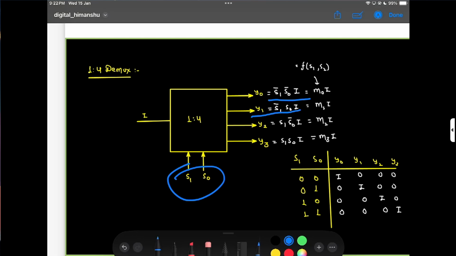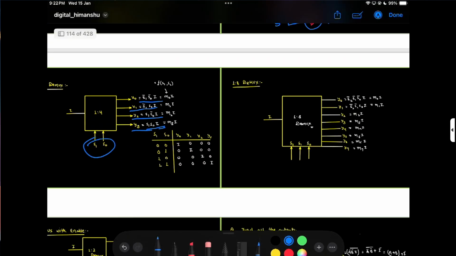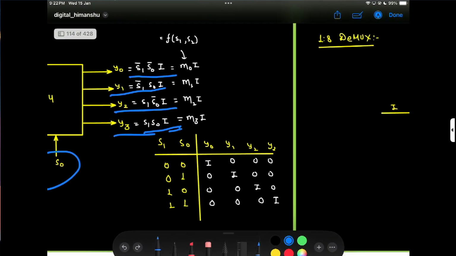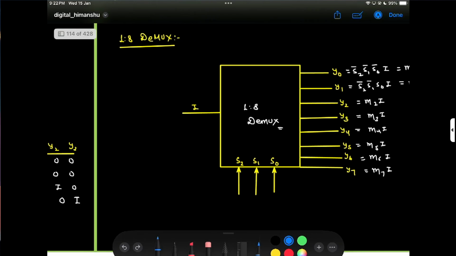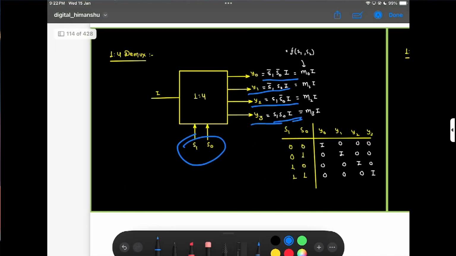Similarly here are Y1, Y2, and Y3. That's the way we get the output. Now here is a 1 to 8 demux. It has 3 select lines, here is my input, and here are my 8 outputs, Y0 to Y7.